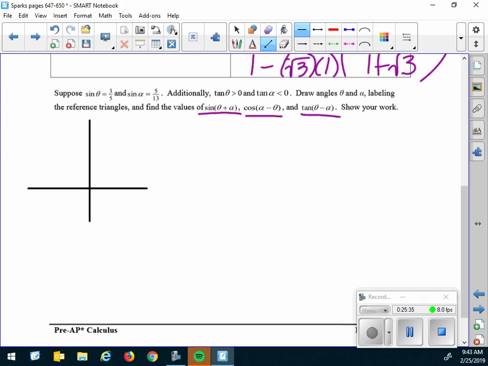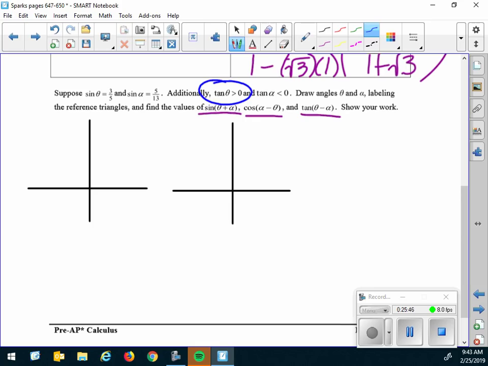We'll draw theta there, and we'll draw alpha there. Theta, the sine of theta is 3/5, and the tangent of theta is positive. So I have a positive sine, and I have a positive tangent, which means I'm going to have to be in quadrant 1.